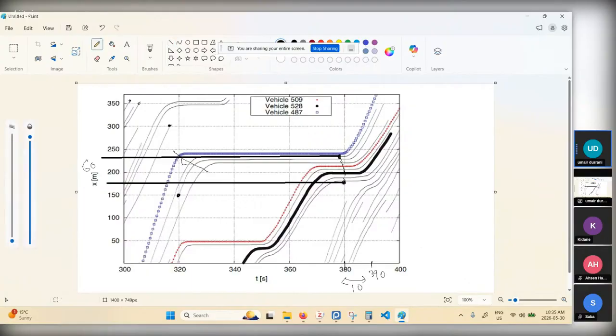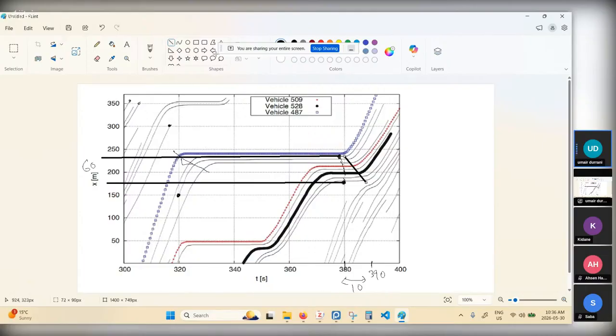So talking about the propagation velocity because of the traffic light upstream, vehicles have stopped, and when the first one stops, the second one stops, and so on. 8 vehicles stop between 380 to 390 seconds. And so I think if we draw that line, that's this line.